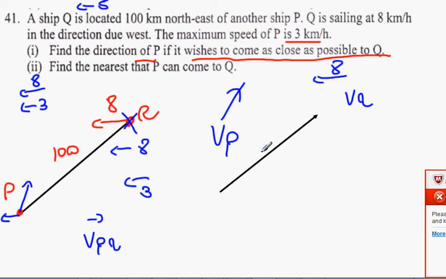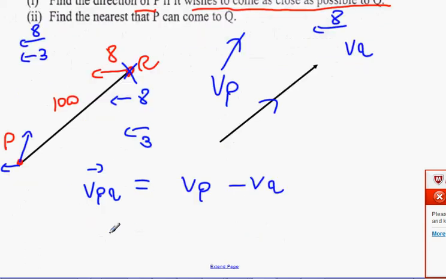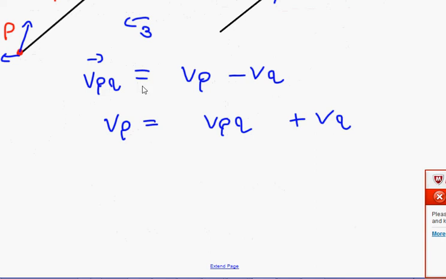Now, let's construct an equation and let's try and construct a triangle from this. Phi P minus phi Q. Do what we did last time: phi P equals phi PQ plus phi Q. Assemble your table.